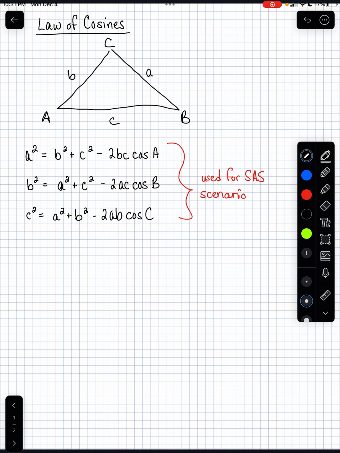Each of them, however, has an alternative form, which is achieved simply by solving for the cosine of the angles. So the first one, if we were to solve that for the cosine of A, which I will leave you to do if you wish to show it, the cosine of A would be a squared minus b squared minus c squared over negative 2 times b times c.